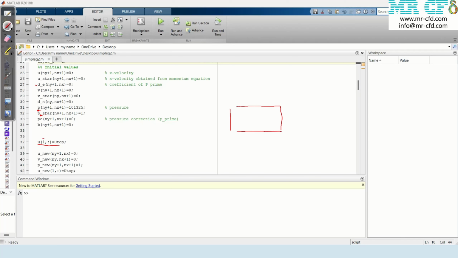In MATLAB, the indexing for arrays typically starts at 1. The index I refers to row numbering, starting from 1 at the top row and going down to I max at the last row.